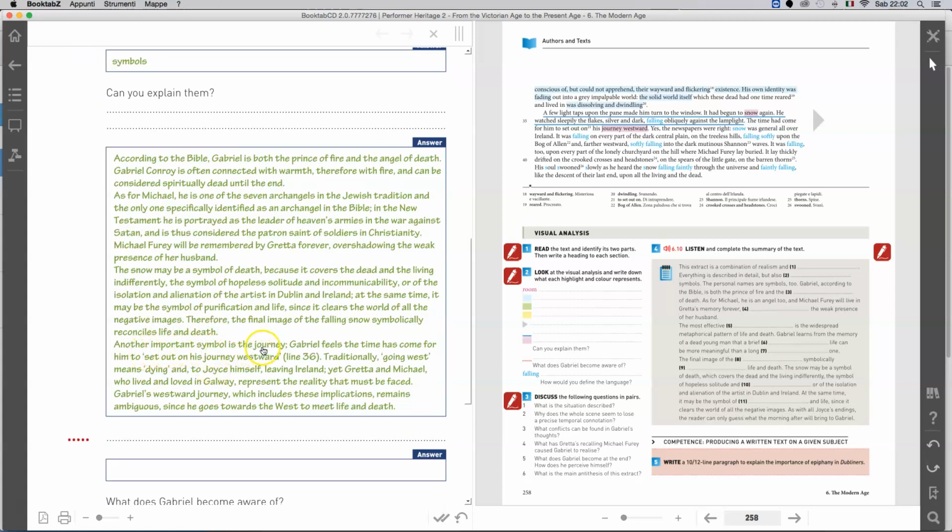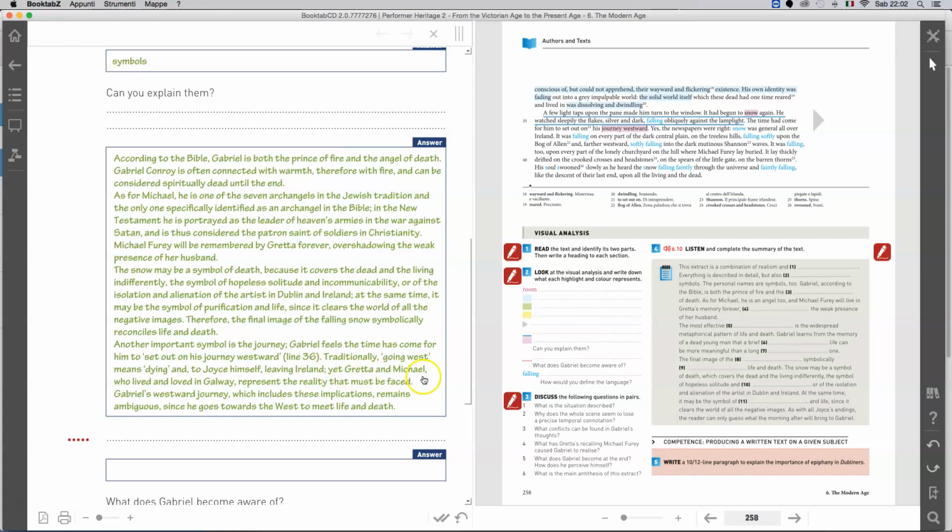Another important symbol is the journey. Gabriel feels the time has come for him to set out on his journey westward. Traditionally, going west means dying, and to Joyce himself it meant leaving Ireland.